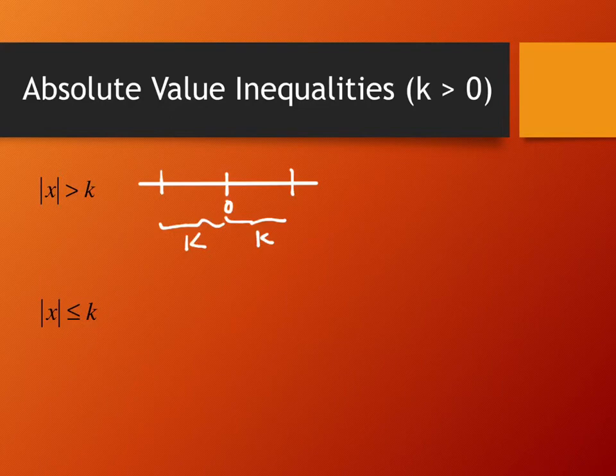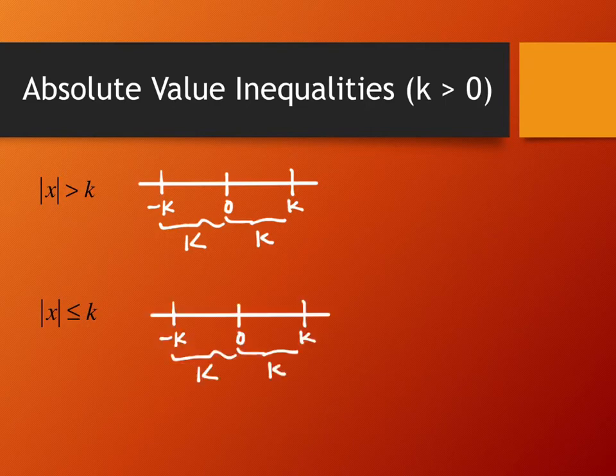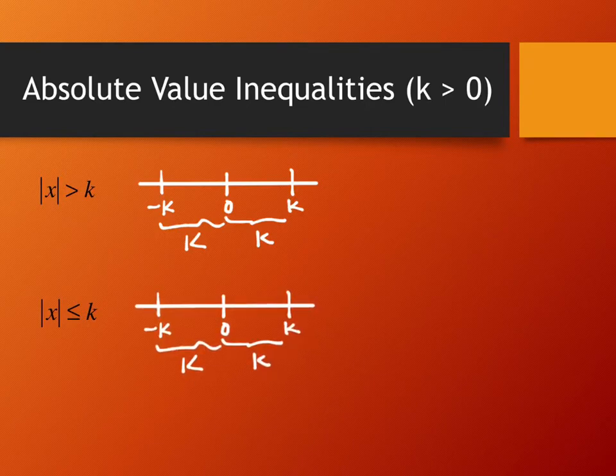Agreed? You can go 6 distances to the right of you, 6 distances to the left of you. We end up at positive k on the right and negative k on the left. And this is the picture that's true for both of these that I'm going to draw.